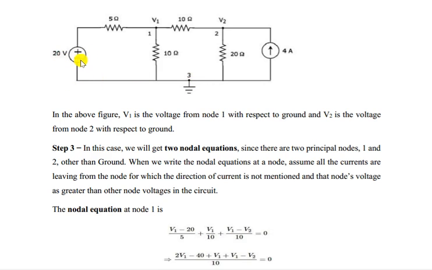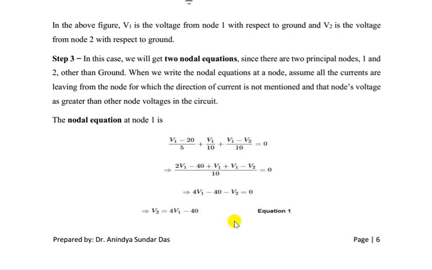So V1 minus 20 divided by 5 is the current through this branch, and the current through this branch is V1 minus 0 divided by 10. Through this 10 ohm resistor, it is V1 minus V2 divided by 10. The summation of currents equals 0. So this is your first equation that we got after solving.